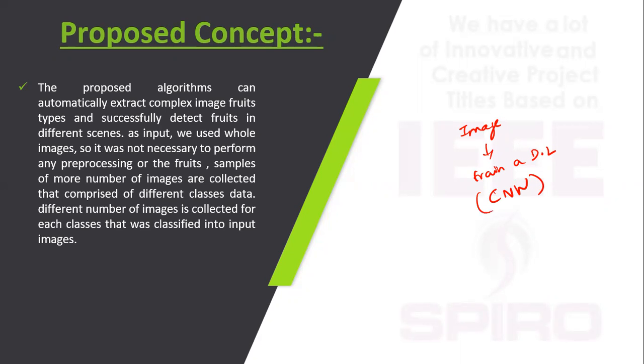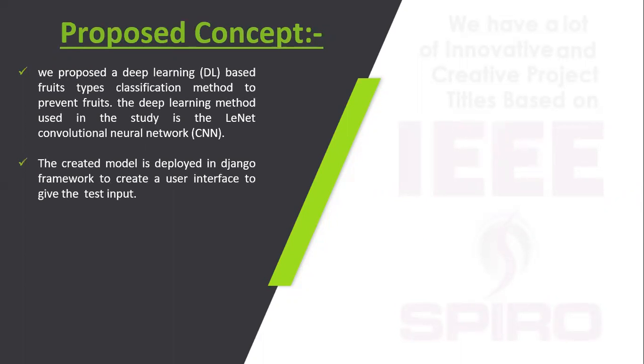After creating the DL model, we are going to implement it in the Django framework, a web application which acts as an interface for the user to find the classification of the types of fruit. So when the user gives a new input, the application gives us the output as to which type of fruit it is.